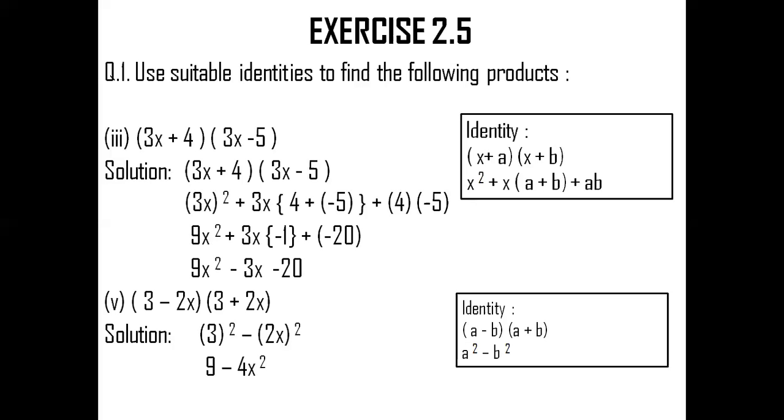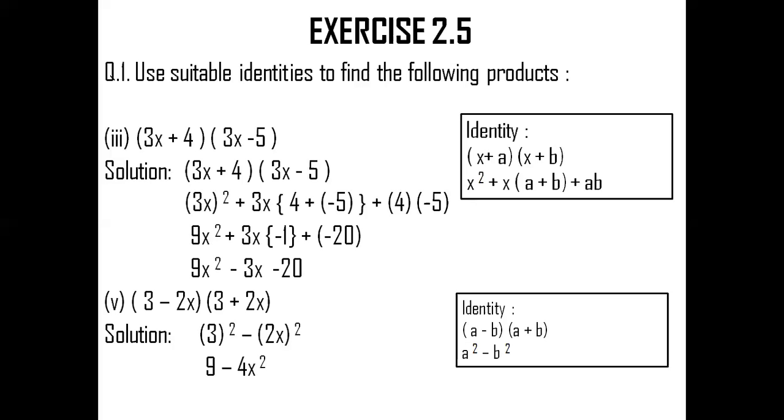Let me take you to the fifth question, which is (3 - 2x)(3 + 2x). Let us observe the terms. The first term is the same for both the brackets. Even the second term is also the same for both the brackets.